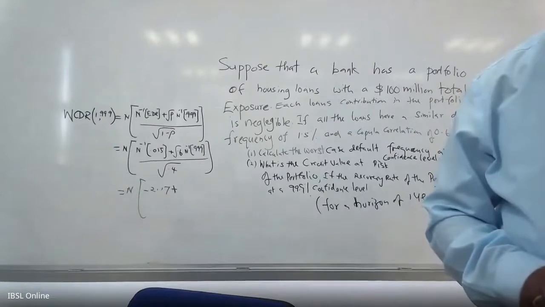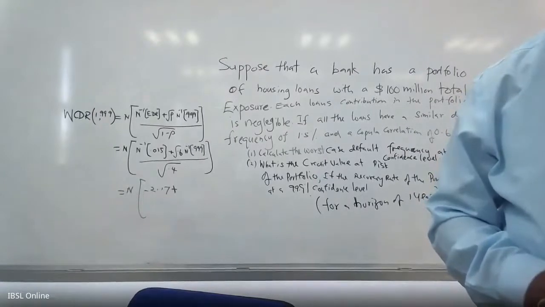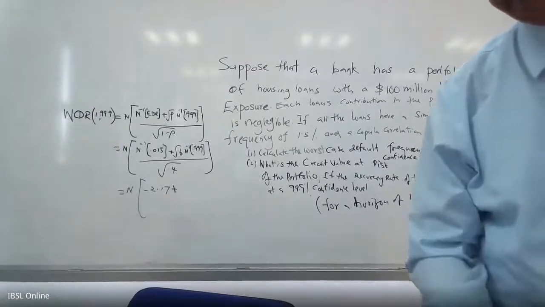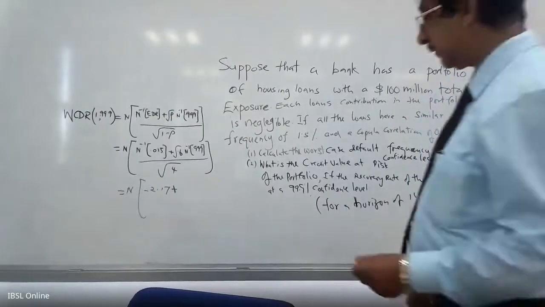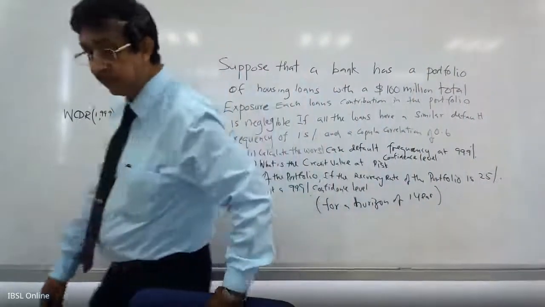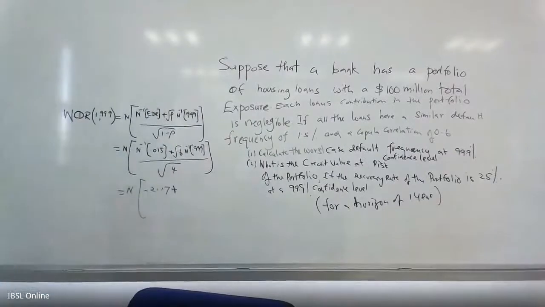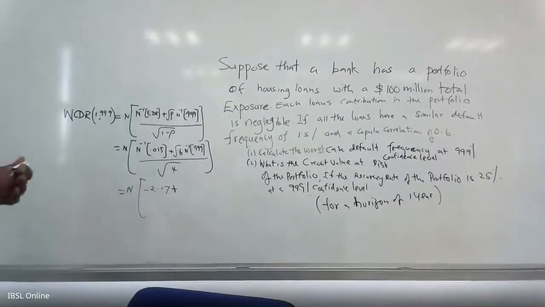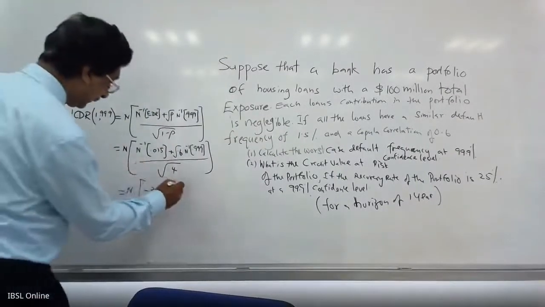That is 0.7746. So 0.7746 is the square root of 0.6.